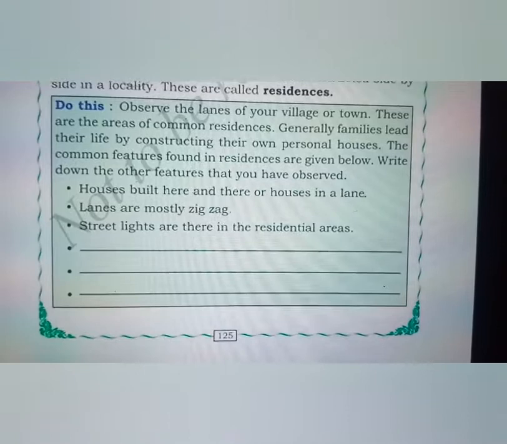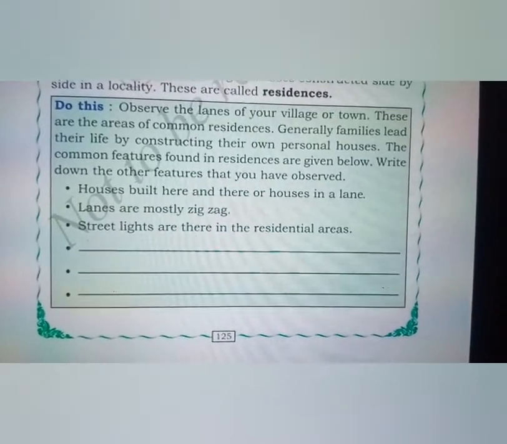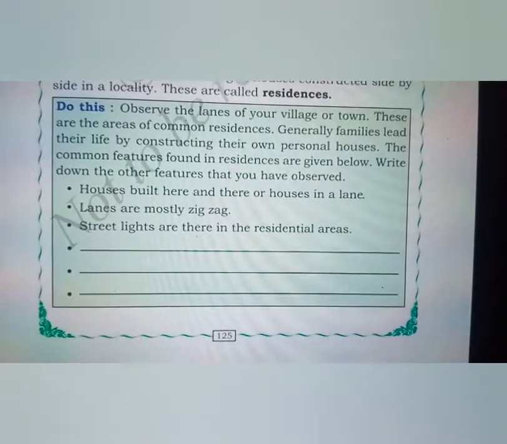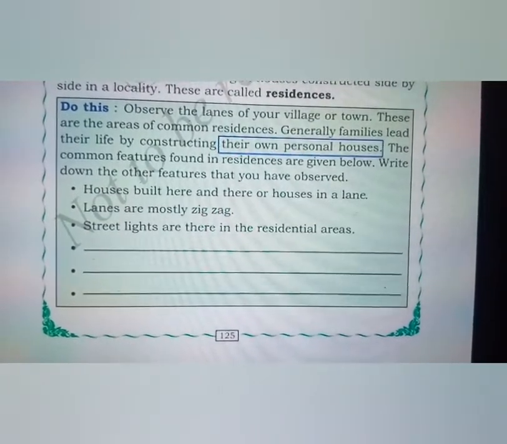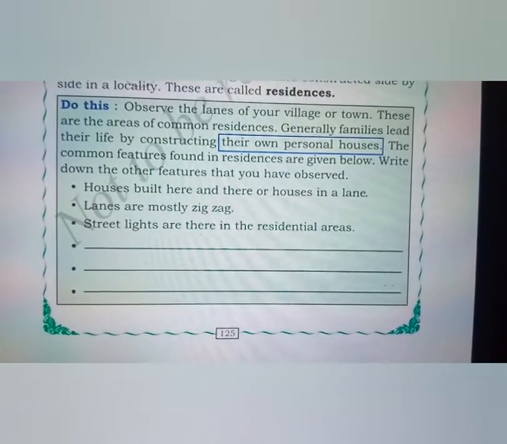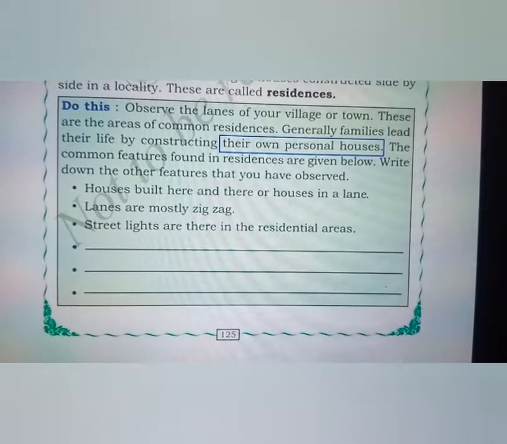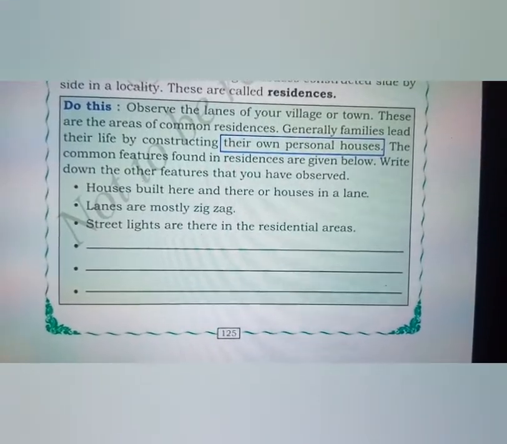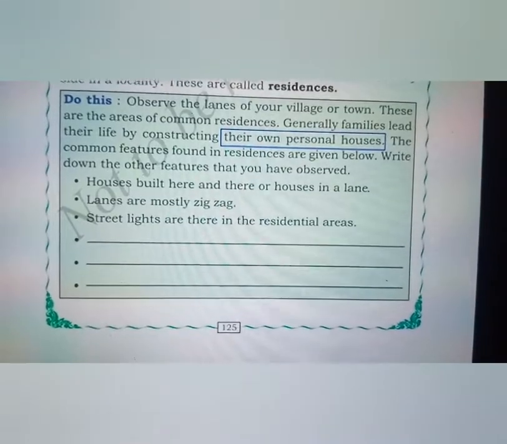Generally, families live their life by constructing their own personal houses. The common features found in residences are given below. Write down the other features that you have observed.